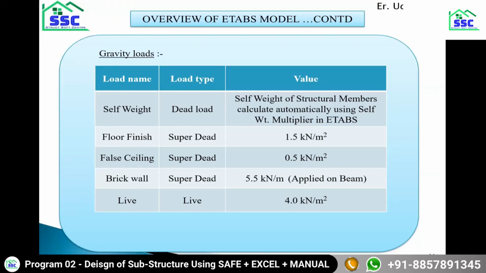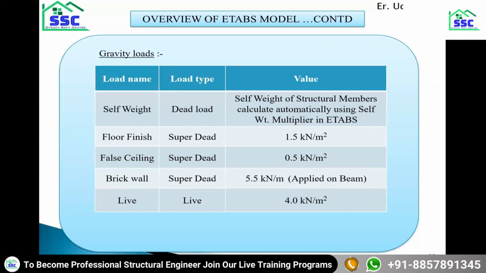Now, coming to the next slide, which is the gravity loads. The loads we have basically categorized into 2 parts. First is the gravity load, and second is the earthquake load. Gravity loads means our basic dead load and live load.